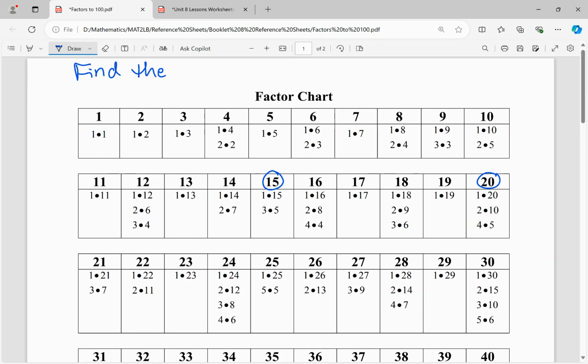We call these all of their factors. So I could say you might want to find the largest factor that 15 and 20 have in common.